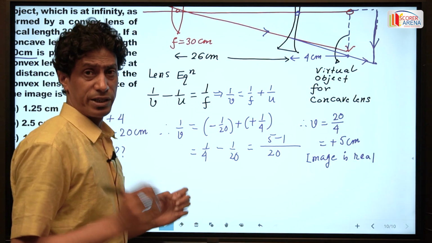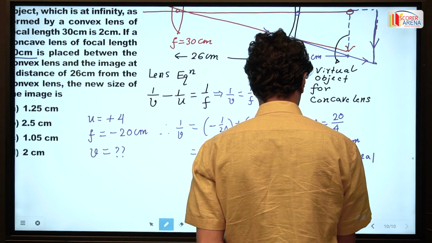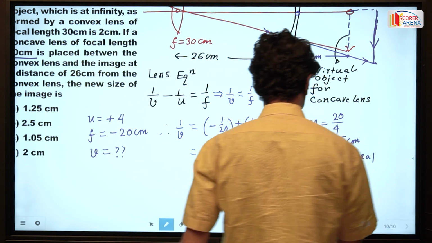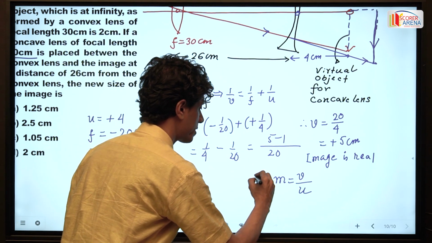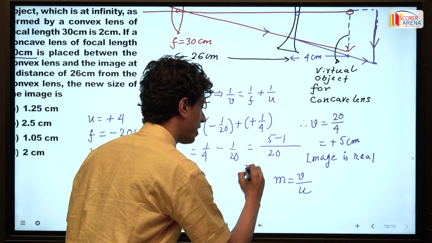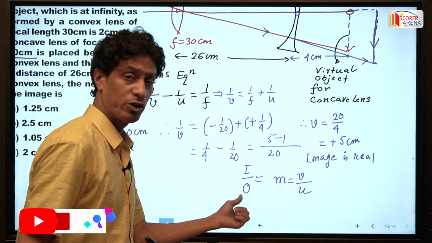So magnification M equals V by U, and this means the size of image by size of object. This object is a virtual object.